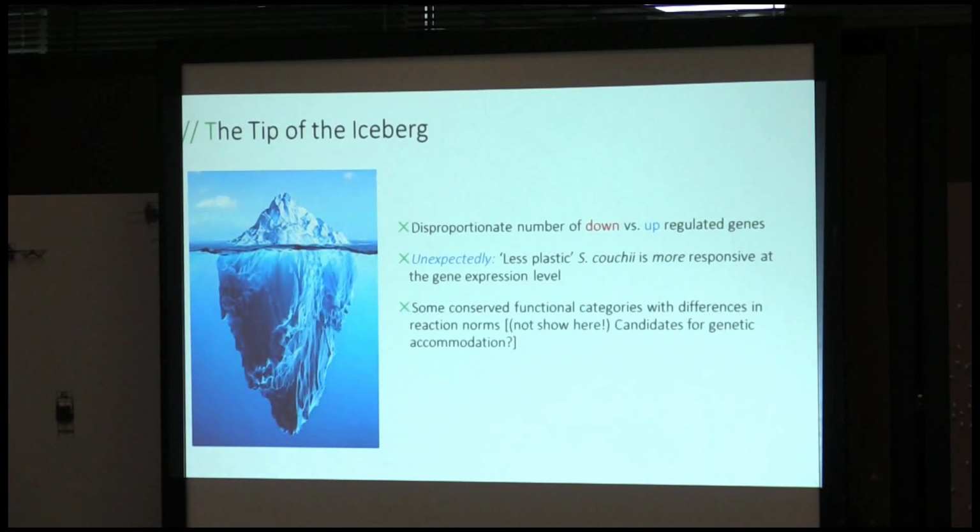Although there are some conserved functional categories, so there is an overlap in these GO terms, we're also looking at differences in reaction norms, which I didn't get into today. There are potential gene candidates that we want to look at for testing whether the mechanism of genetic accommodation could have played a role here. But most of the functional categories are not conserved across the two species, and definitely not across the time points in the two species.